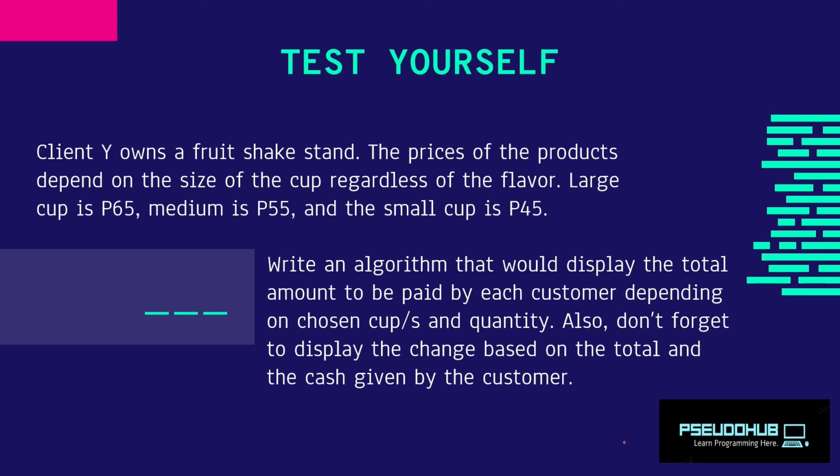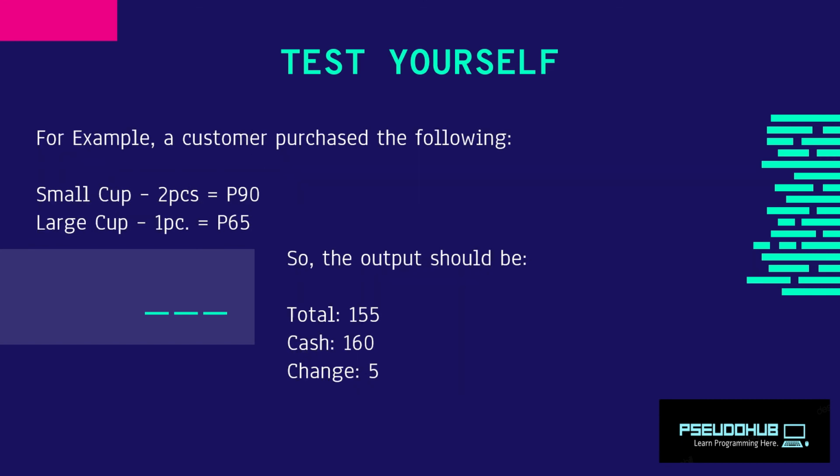So, let's say for example si Jane. Nagpalit siya og 2 pieces nga small cup, di ba? Ang small cup is 45, so ang iyang bayaran sa small cup is a total of 90 pesos. Nya nagdugang siya og large cup. Isa lang kabuok. Nya ang price sa large cup is 65. So that means ang iyang gipalit is small cup duha 90, large cup isa 65.